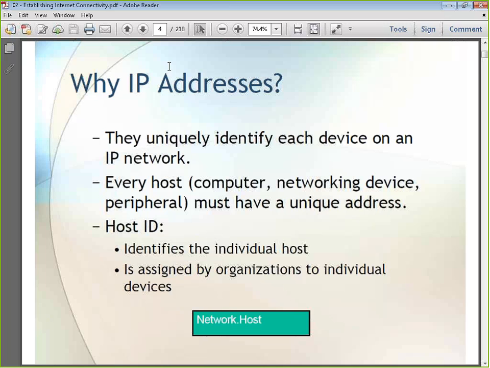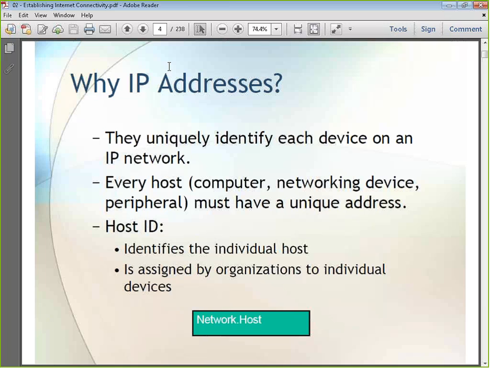Any networking device you think about needs to have an IP address, and every device needs to have a unique IP address. What I mean by that is, if I talk about a single network, let me put it in the form of a single LAN, every device within that LAN needs to have a unique IP address.